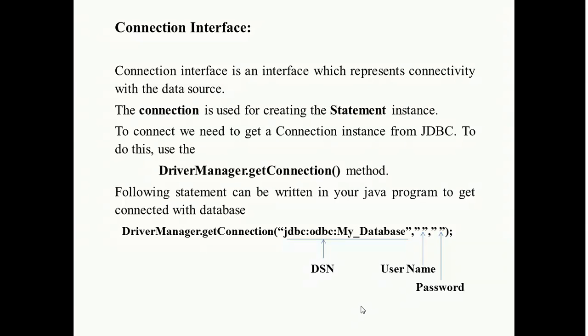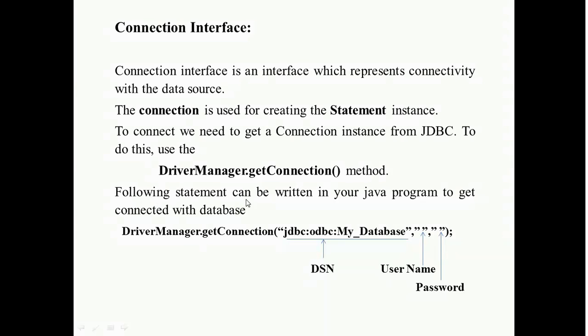To connect we need to get the Connection instance for JDBC. Instance is nothing but the object of the Connection, and the syntax is DriverManager.getConnection method. This method creates a connection.